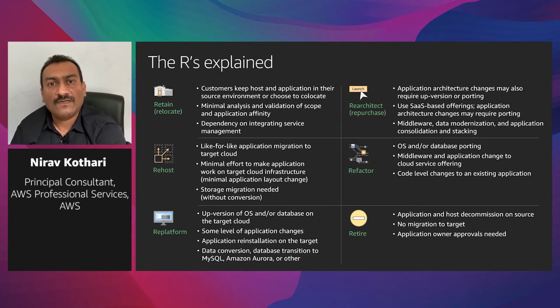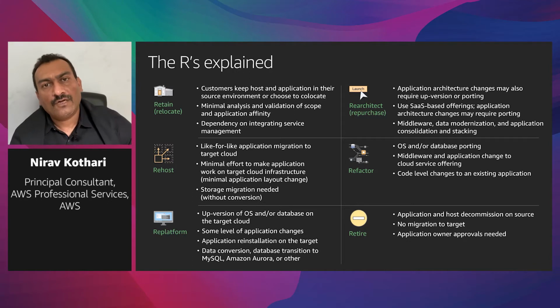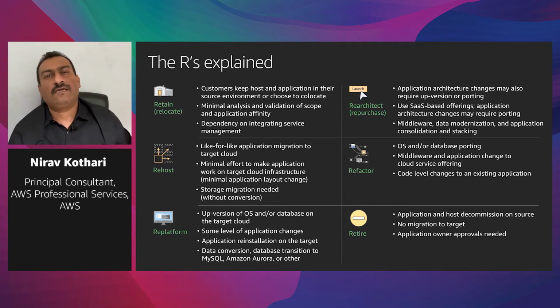Okay? Moving on to the next R migration strategy, refactor. This is the most time-consuming, a lot of involvement, because refactor by definition would mean you're going to rewrite your entire application. A classic example is imagine an application that was developed in the past, monolith, millions of lines of code, and because of that, even if you were to do a small new functionality rollout, you have to redeploy the whole million line of code.